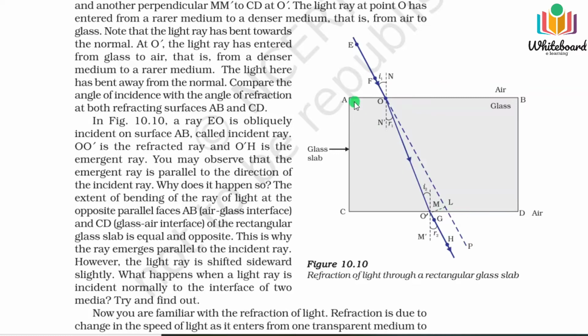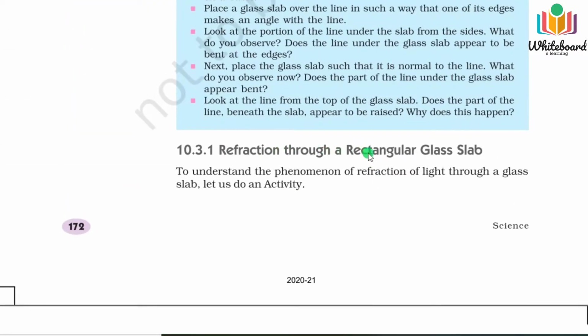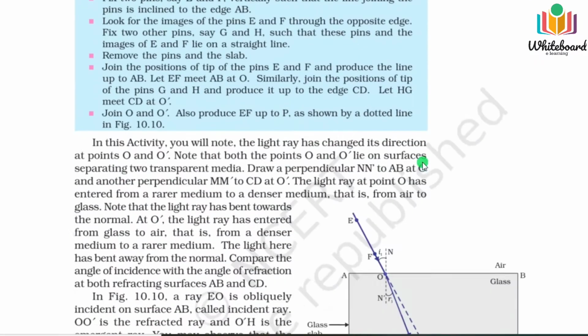In the absence of the glass slab, the ray will follow this path, you can see this dotted line here. But in the presence of the glass slab, it has followed this path. So what we conclude is that a lateral displacement has occurred in the case of refraction through a rectangular glass slab. Okay, you have understood.